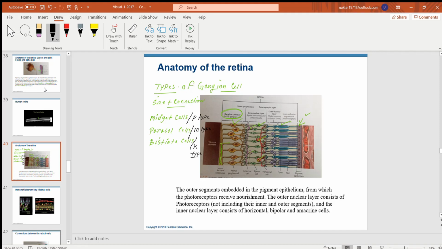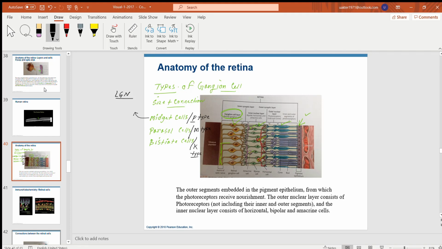Why are midget cells called P-type? Because the projection of midget cells goes to the lateral geniculate nucleus, and in the lateral geniculate nucleus you have a number of layers.